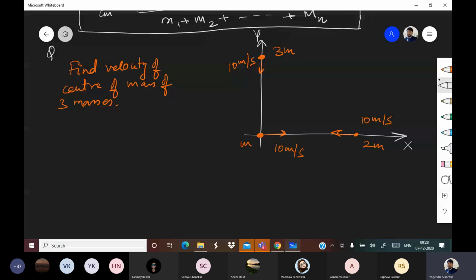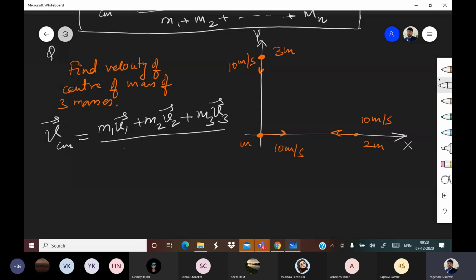Okay, everyone, please pay attention. Enough time given. VCM is equal to M1 V1 vector plus M2 V2 vector plus M3 V3 vector upon M1 plus M2 plus M3. Now M1 is M, and V1 is 10 I cap.